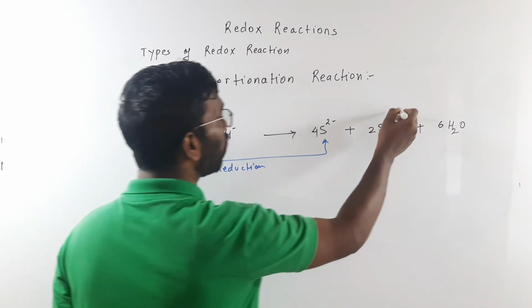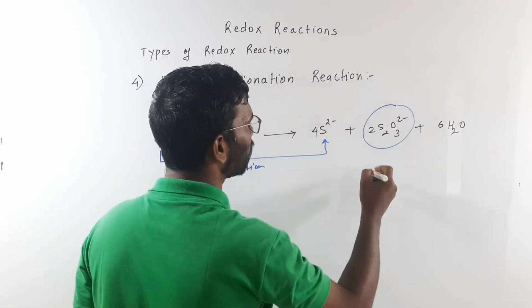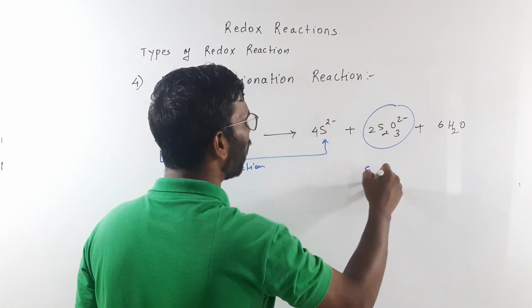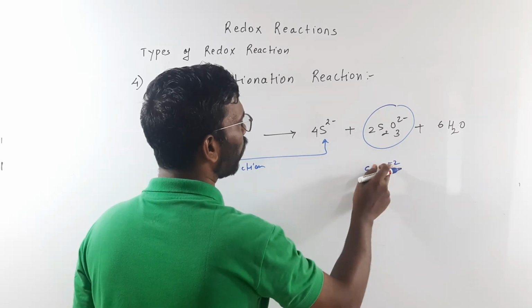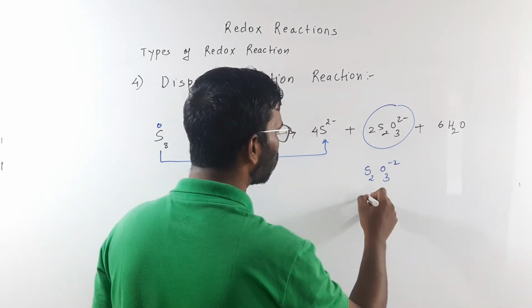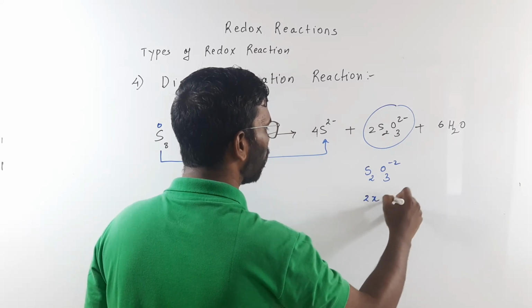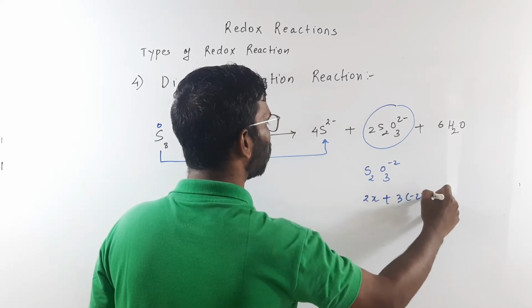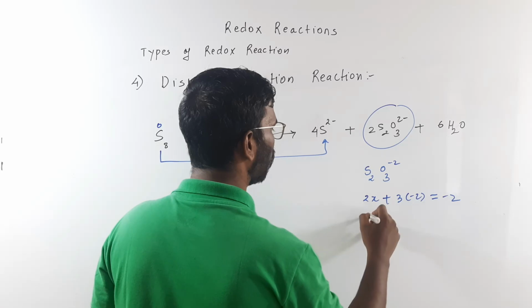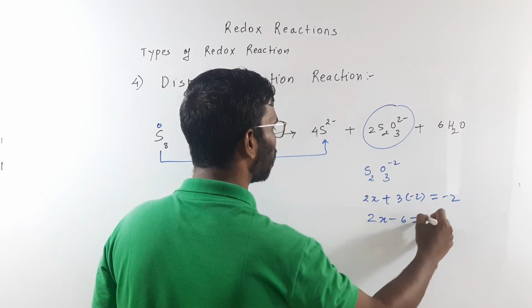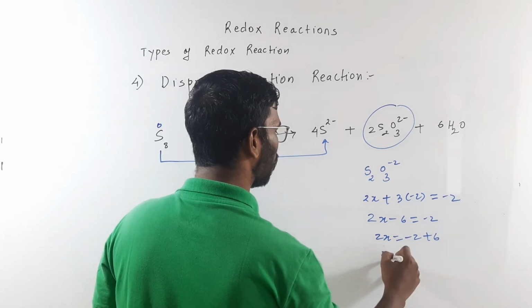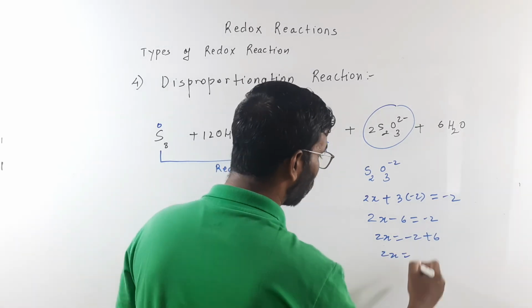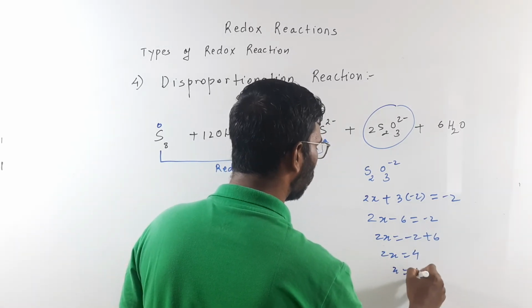Now what is the oxidation state of sulfur in this other ion? I will put sulfur as 2x plus 3 into -2, which is equal to -2. So 2x minus 6 is equal to -2, 2x is equal to -2 plus 6, 2x is equal to 4, X is equal to +2.